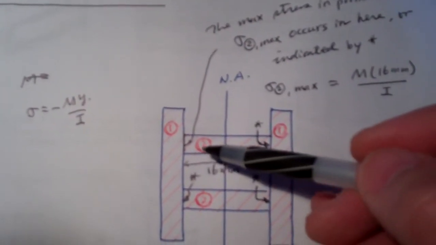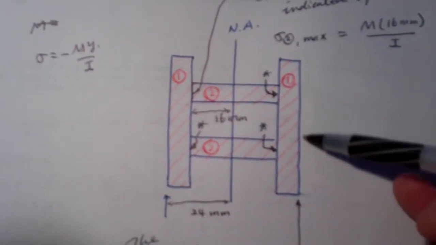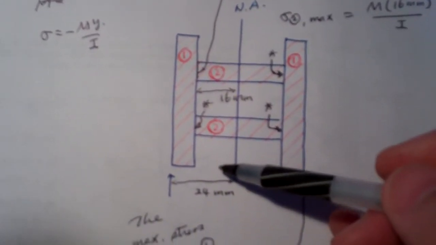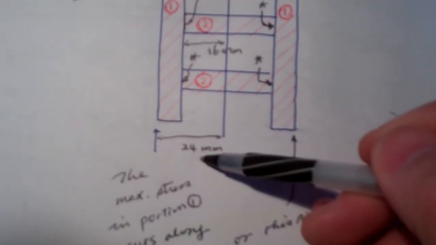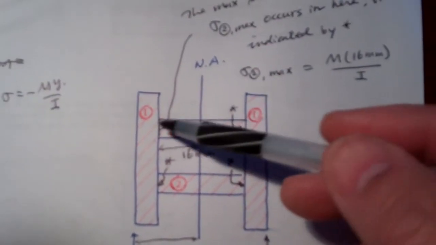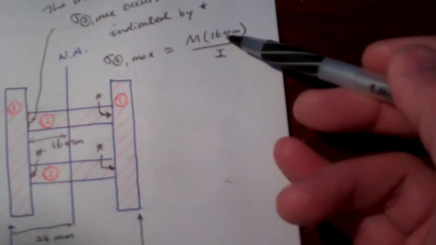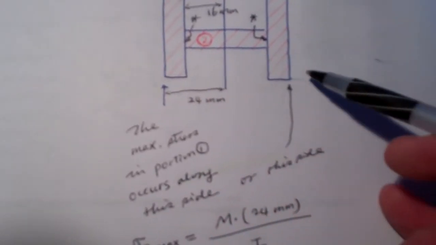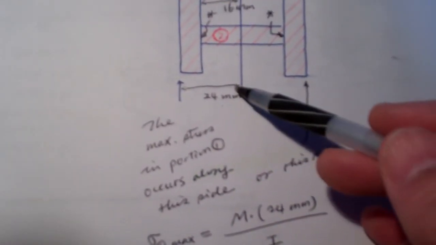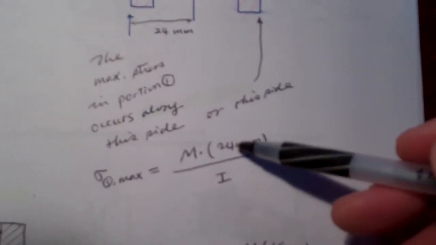The maximum value on portion 1 will be either along this side or this side, and the distance is the same for either side, measured from the sides to the neutral axis, which gives 24 millimeters. So the maximum value on portion 1 is M times y, where y is 24 millimeters.